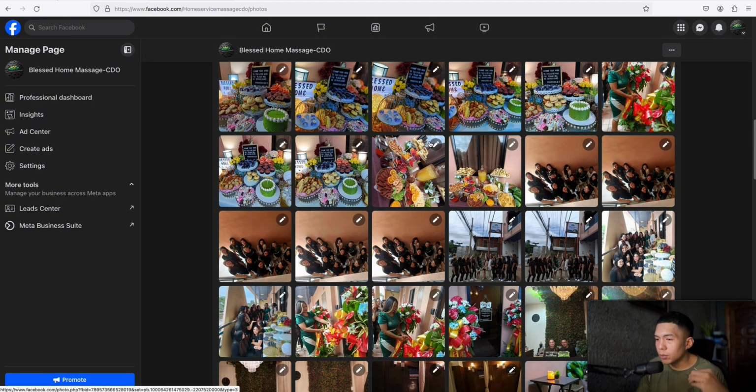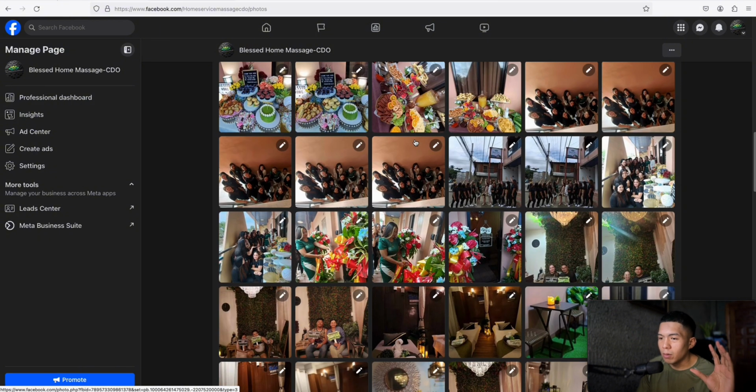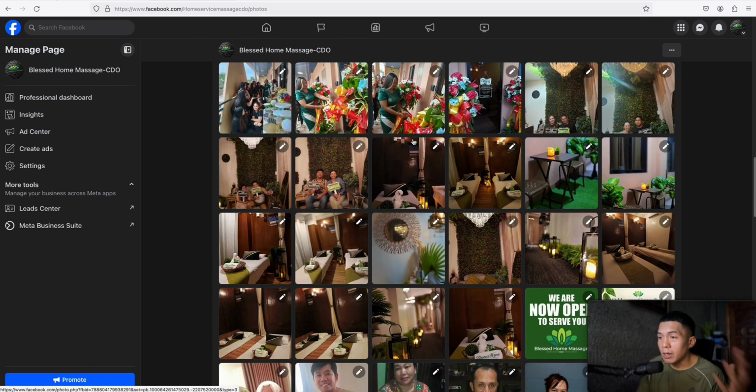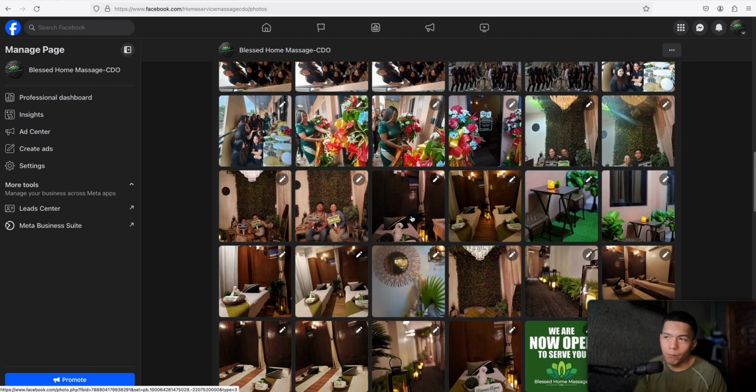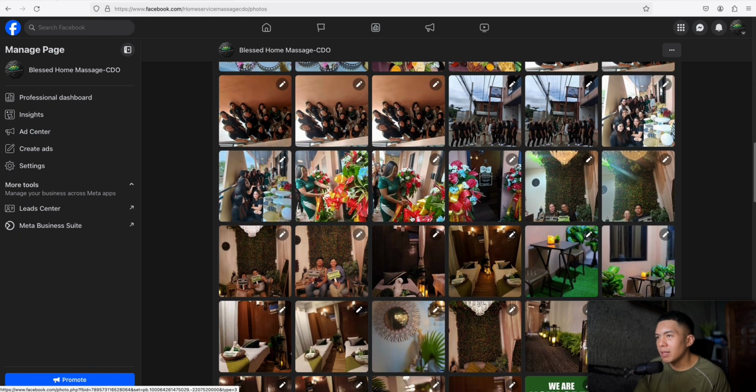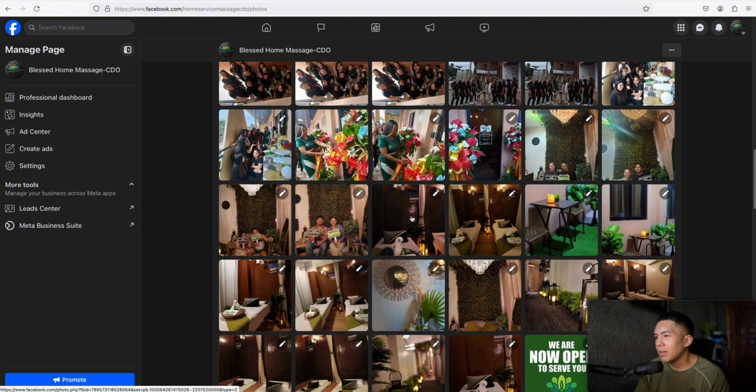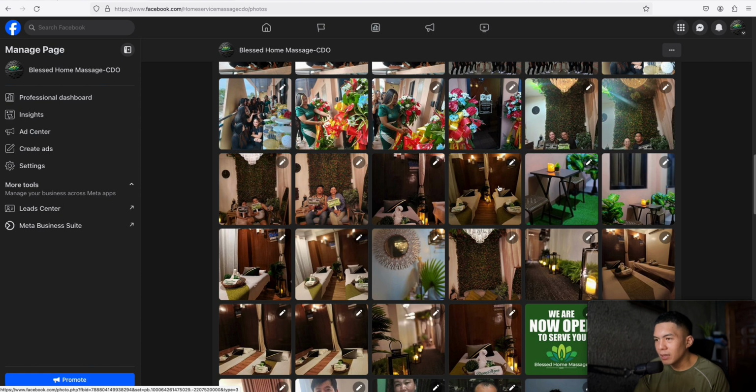You're going to need to hire more, bigger budget, payroll, so you have to keep that in mind. And there were even times that we had to stop our campaigns because they couldn't fulfill anymore. Basically, they were fully booked throughout the week or month, especially if there are huge promos that they would do.